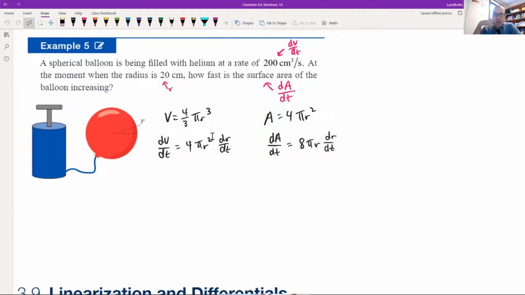Okay. Now we've got a couple equations where some of our things work. And I suppose you could try to start putting an r in here and r over here and trying to figure out some relationship between dV dt, dr dt, and dA dt.